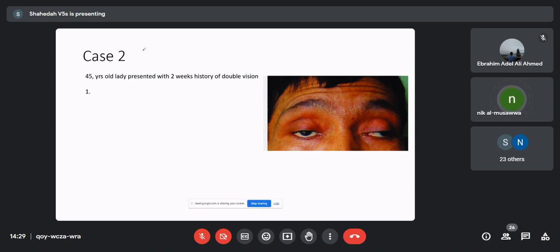Doctor, I think it's because of the imbalance of the strength of the oculomotor muscles. Okay, actually your eyes are held nicely by third, fourth, and sixth. Your vision is by second.